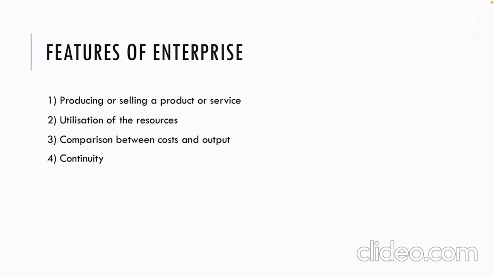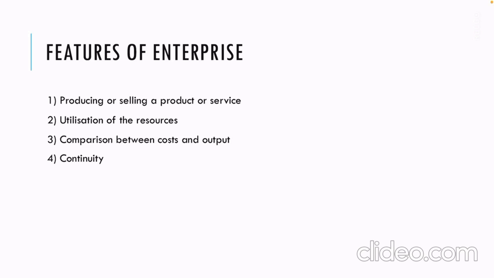An enterprise is entitled to decide what to produce, that is which product to be produced, where to produce, that is the location where the production work will commence, how to produce, that is the step-by-step procedure to produce the product, how much to produce, that is the quantity of the product to be produced, for whom to produce, that is to select their end customer, and when to sell it in the market, that is to sell the product according to the product demand in the market.